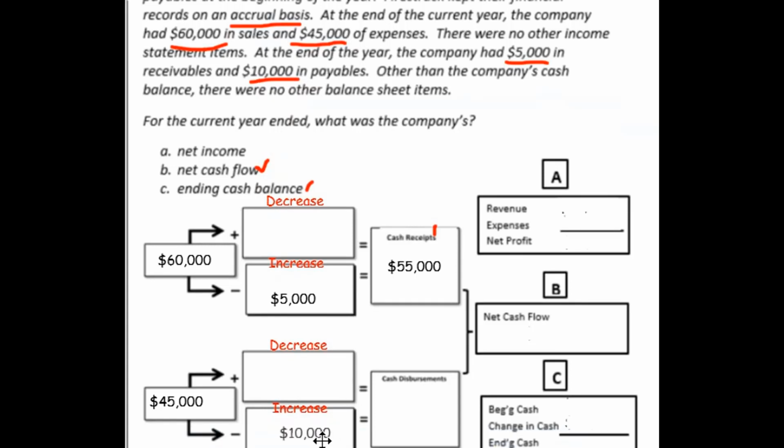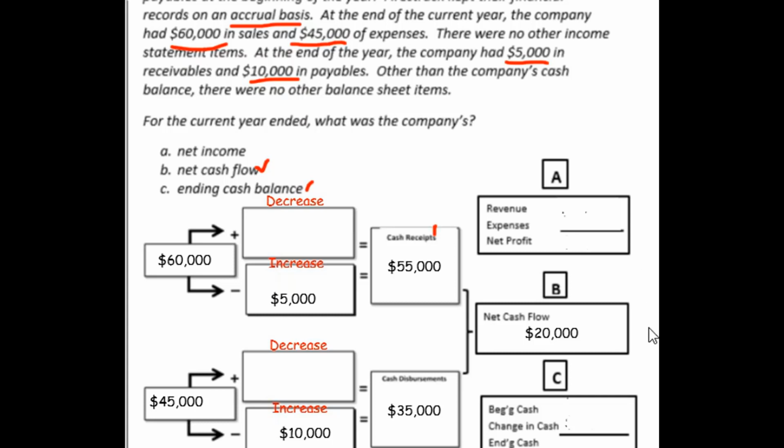So if we do the math, we take $45,000 minus the increase in accounts payable, and we end up with cash disbursements of $35,000. Now we have cash receipts of $55,000 and cash disbursements of $35,000. The net of the two means that we have positive cash flow, in other words, $20,000 of receipts over disbursements.